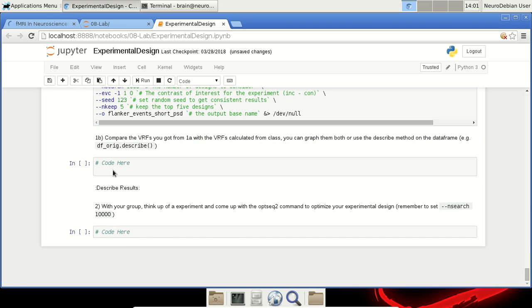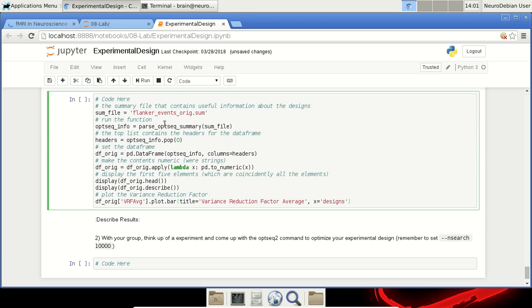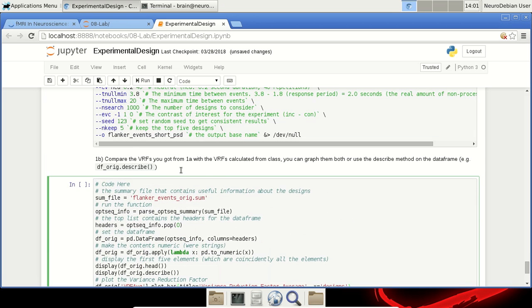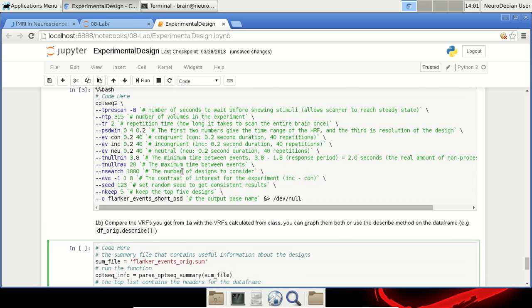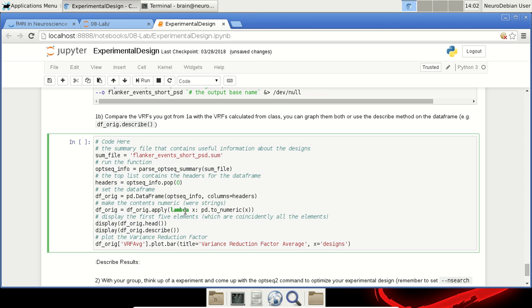So I'll just copy the rest of the code here. And instead of sum, we will call this flanker events short PSD. And that'll be our new sum file.